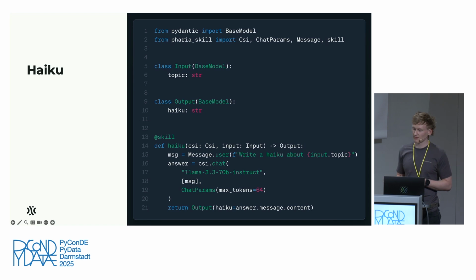So this is the same logic as before, and a couple of things have changed. Now we're importing stuff from our SDK, which is actually on GitHub, and we're defining the input and output as Pydantic models. We're decorating our function with the skill decorator, and taking an instance of the CSI as the first argument, and the inner part actually stays the same.